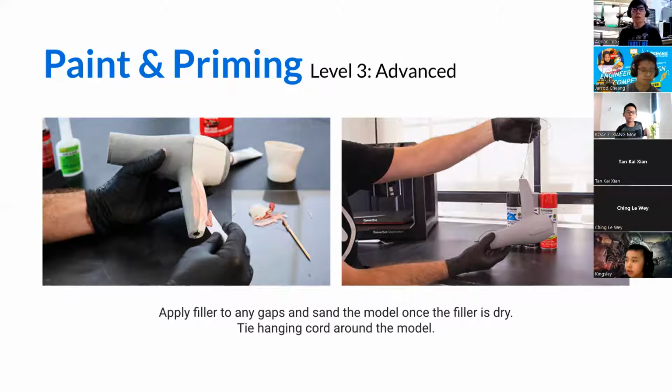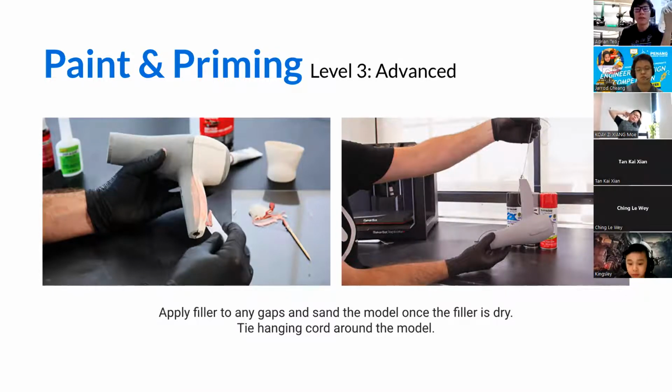Paint and priming level, advanced level. First step is to apply filler to any gaps and sand. So just now someone asked, how do I cover the lines on this mask? When I glue it together already, I can see these visible lines. It's very ugly. So how do I cover these lines?